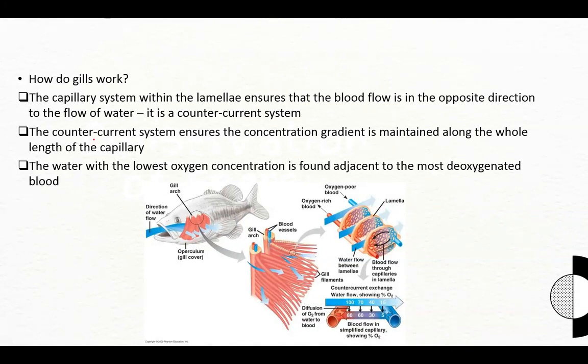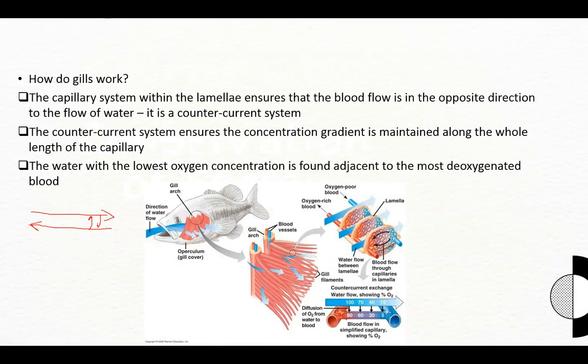Now, what's the purpose of having this counter current system? The counter current system ensures the concentration gradient is maintained along the whole length of the capillary. So what the counter current system is, let's say the water is moving in this direction, the blood will be moving in that direction. And what it's going to do at every point is ensure that you have that exchange taking place.